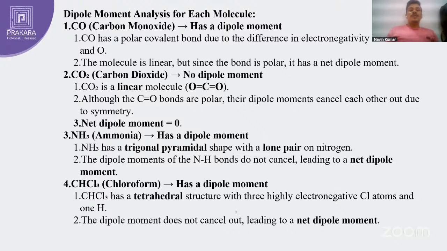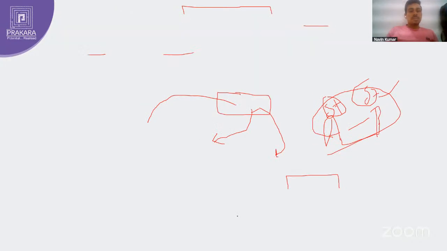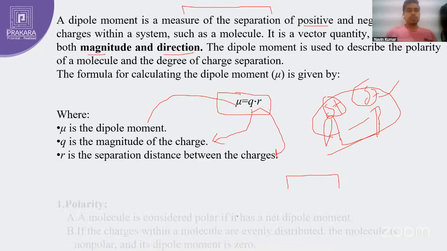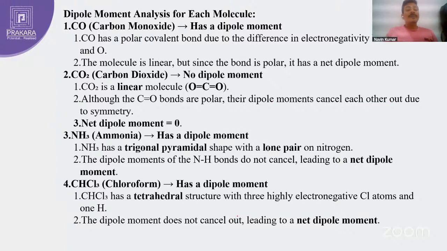The four given options were carbon dioxide, carbon monoxide, chloroform, and ammonia. We are going to see why carbon dioxide was the correct option. When we talk about carbon monoxide, it's CO. It will have a dipole because it has a difference in electronegativity.